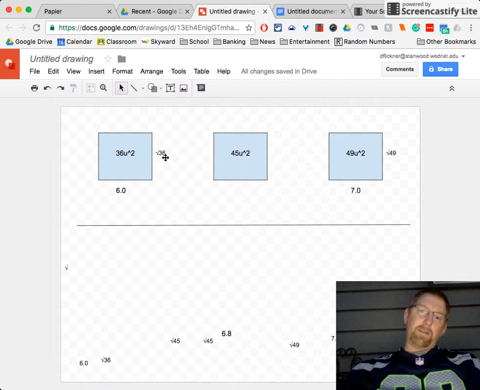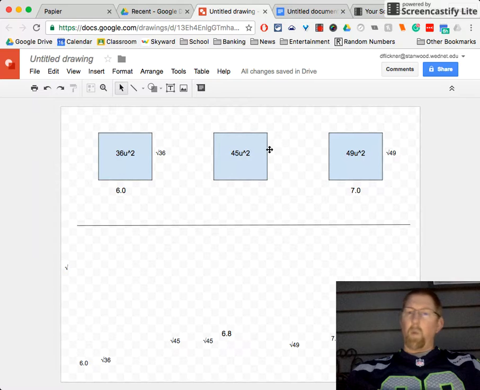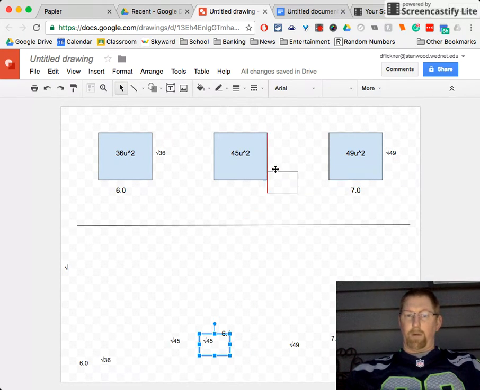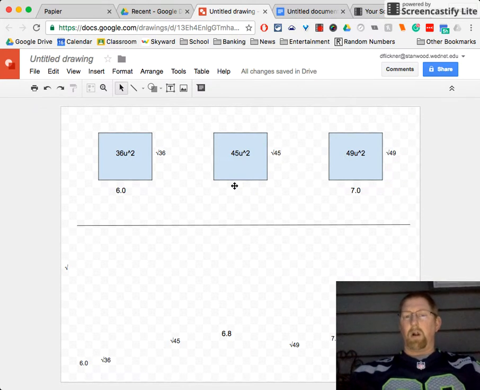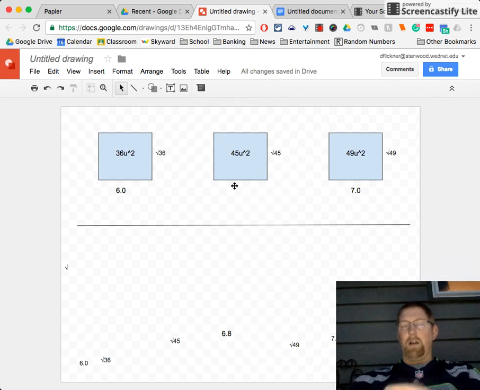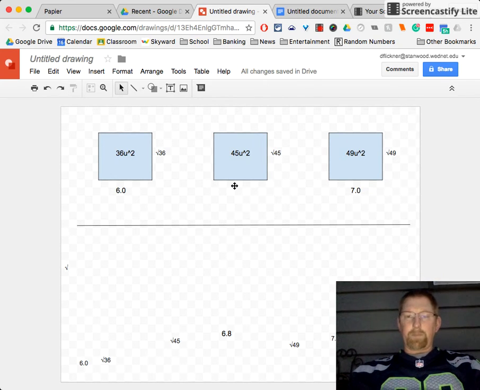Since we know that the side is the root of its area, one good way we could express it is the root of 45. That's one way to express it. Well, what's the decimal approximation? That was the real heart of Friday's lesson: how do you find that decimal approximation?